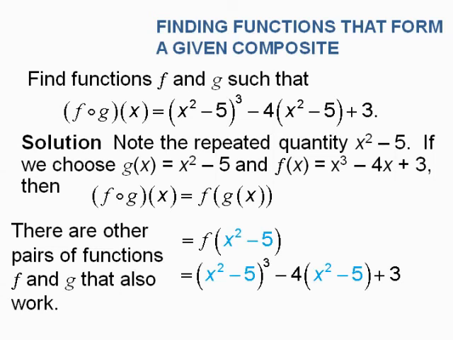So it might be good if we let g of x be x squared minus 5, and we can define some function f of x where if we plug the g in there, it would come out with what's up top. So notice if we let f of x just be x cubed minus 4x plus 3, and if we took this and plugged it in wherever we see an x, that would certainly give us what we're after.